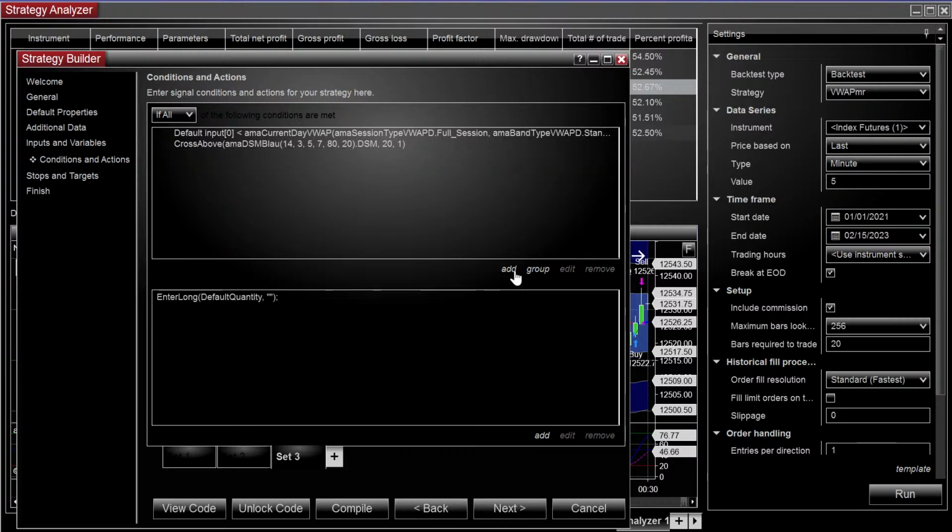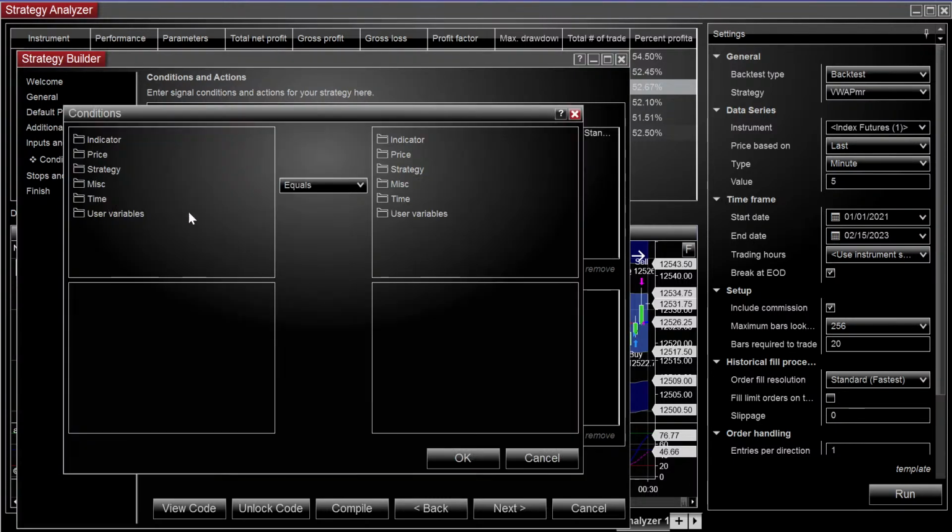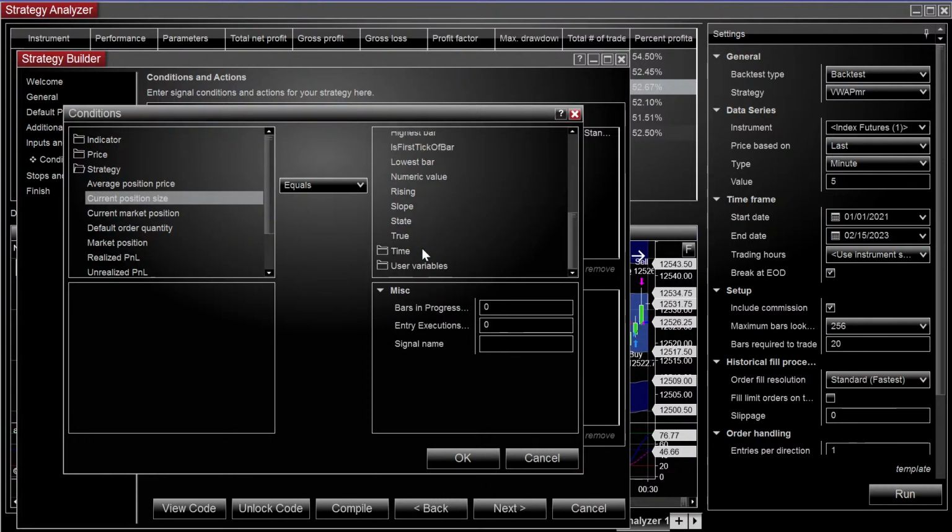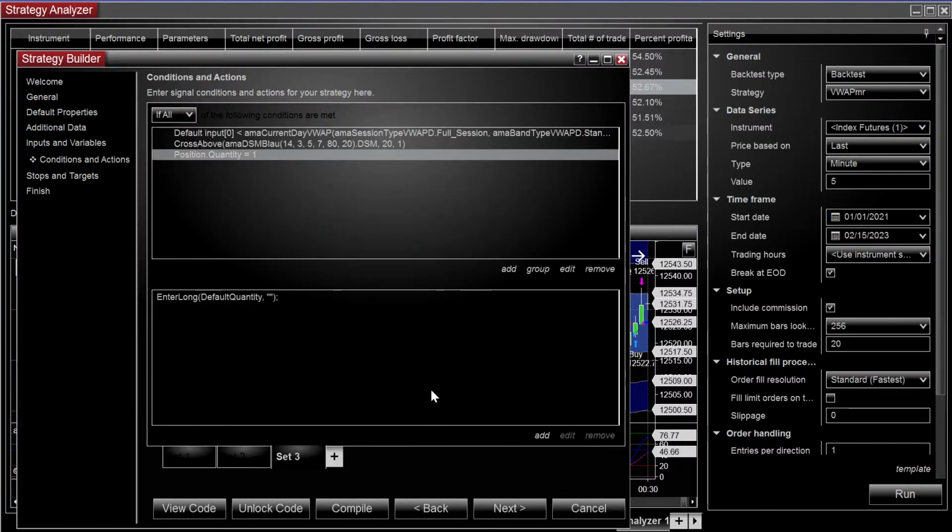And for this one, say that position quantity, current position size equals 1. So if we cross above the 20 again, and we're already long, we'll add to our position.